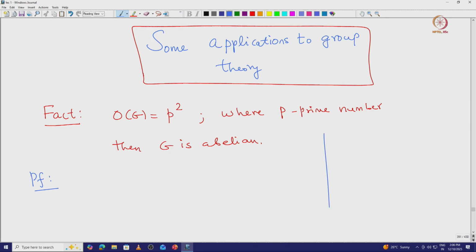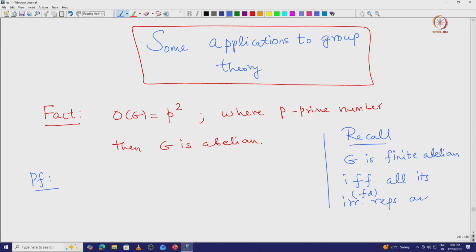Recall that G is finite abelian if and only if all its finite dimensional irreducible representations are one dimensional. Let us use this characterization to prove this result.